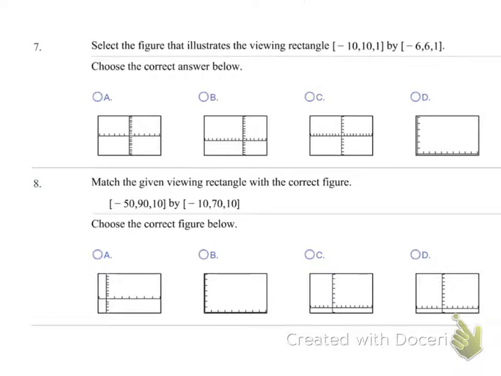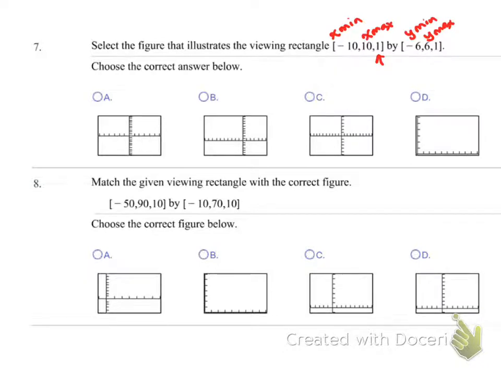Please note that this negative 10 is the x minimum, and this positive 10 is the x maximum, and this 1 is the units of the tick marks, and here this is my y minimum and my y maximum.